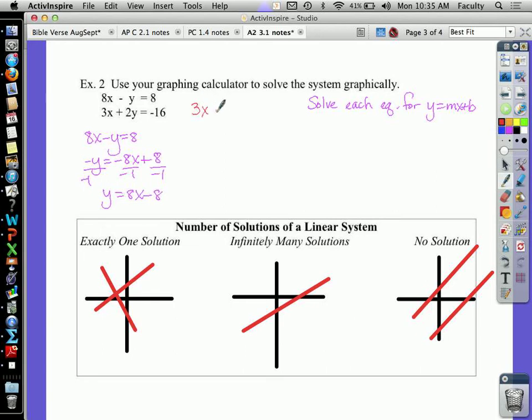Then let's take the second equation. I'll subtract 3x from both sides and divide by 2.